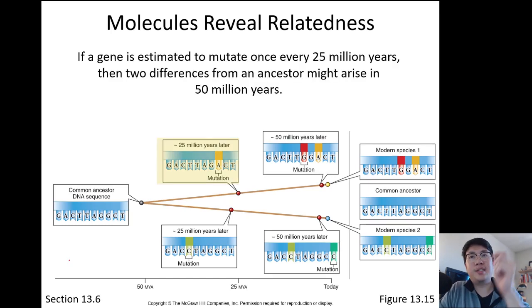So if a gene is estimated to mutate once every 25 million years, that is the mutation time, not half-life, then the difference from an ancestor might arise in 50 million years. Now, it could be earlier than that, depending on what type of mutation it is, but for this example, after 50 million years, we might have 2 mutations occurring.